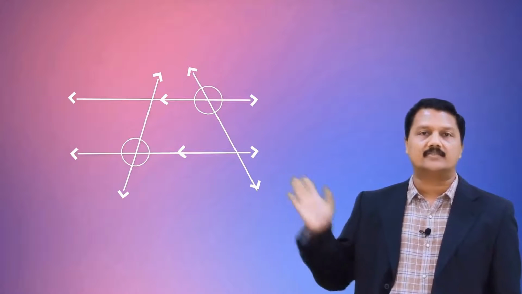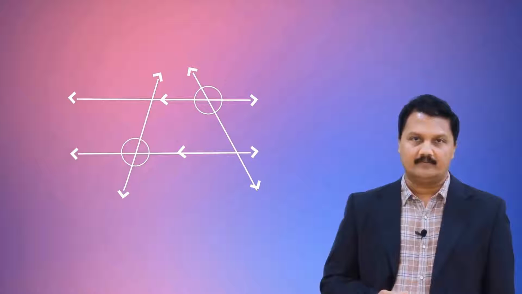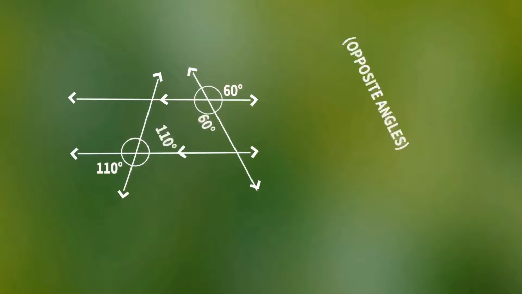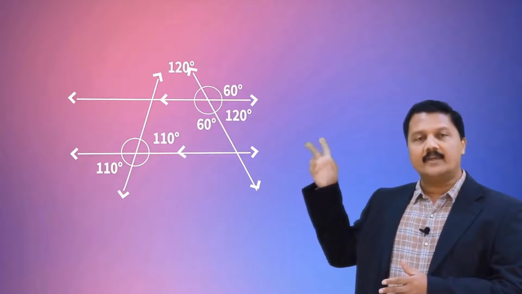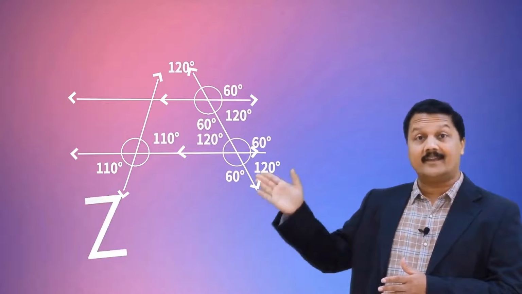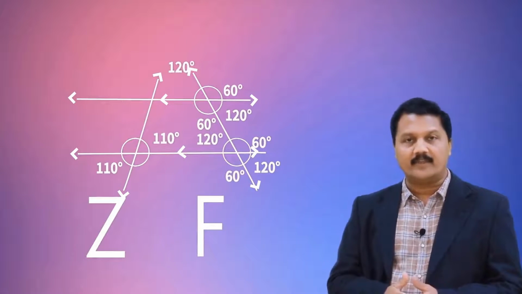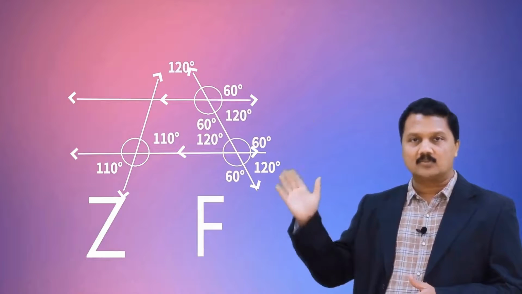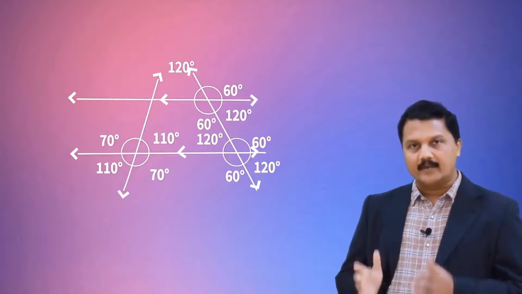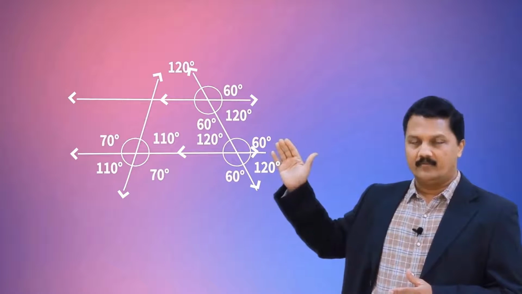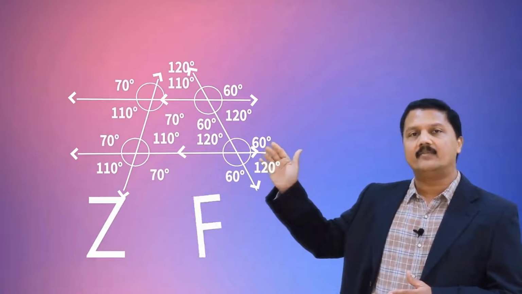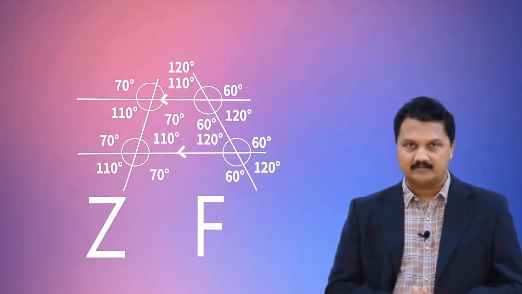The other two transversals are not parallel. Observing two parallel lines, we can use the rules of Z and F so that we can find out the missing angles of one side. Similarly, considering the other transversal, we can use Z and F and we can find all the angles.